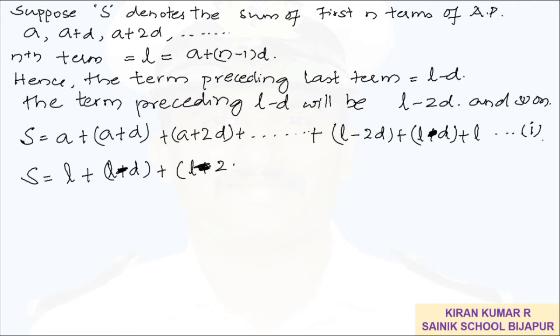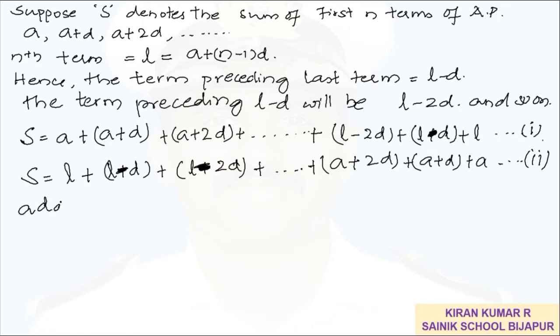So it is l minus 2d plus so on till a plus 2d, a plus d, and a. This is the second equation. The second equation is the same as the first equation, but I have written it in reverse order.